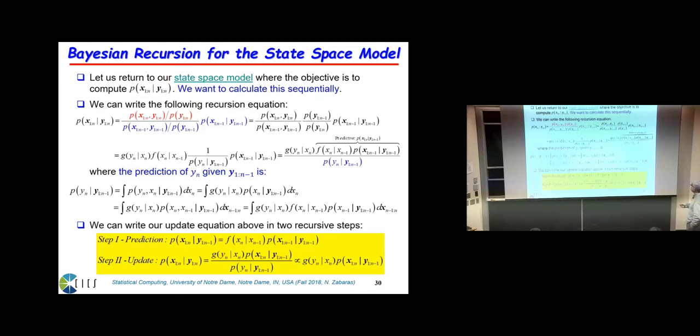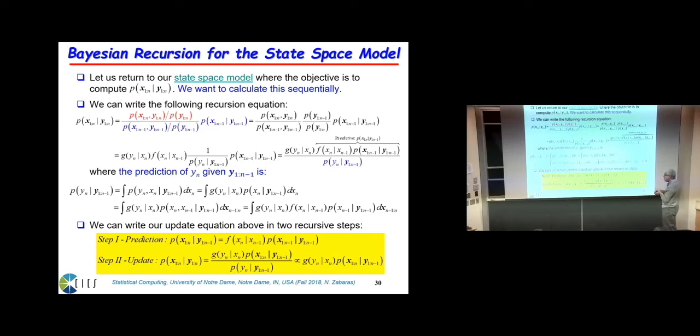So really what I want you to do is, right, the derivations are exercises in the product and sum rules, but these are the two nice equations. I want you to think that really this is your objective and you want to do it iteratively, and iteratively means you know the distribution at the previous time. So the first thing you do is a prediction of xn, one step ahead. The only thing you really need to do is multiply with the transition model.